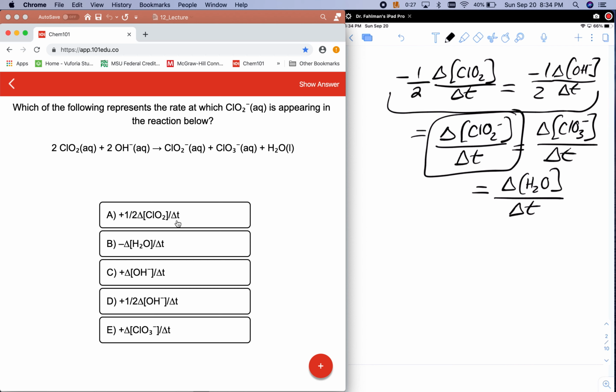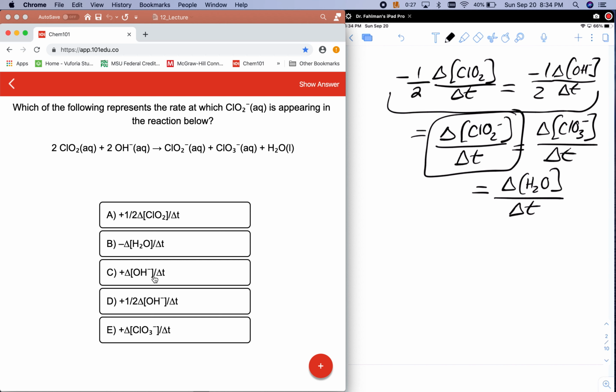Okay, so this is not correct because you need a negative in front of it, right? That's going away. Okay, so it can't be that one. What about this one? Water going away? Nope. It needs a positive instead of negative, so that's wrong.